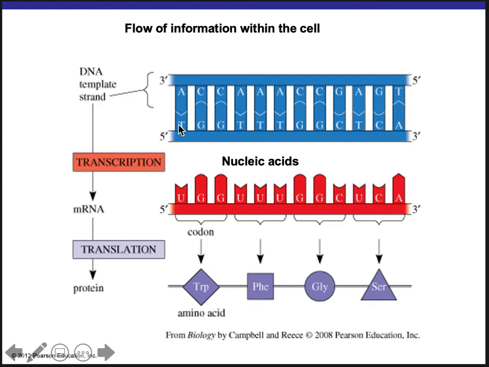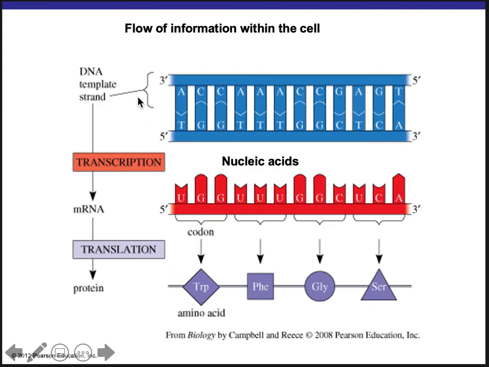Okay, and so taking this top strand as the template and making a copy of it with the RNA polymerase to make mRNA, we then can look at every 3 nucleotides when we get into a ribosome, and every 3 is called a codon, and the codon codes for a particular amino acid.